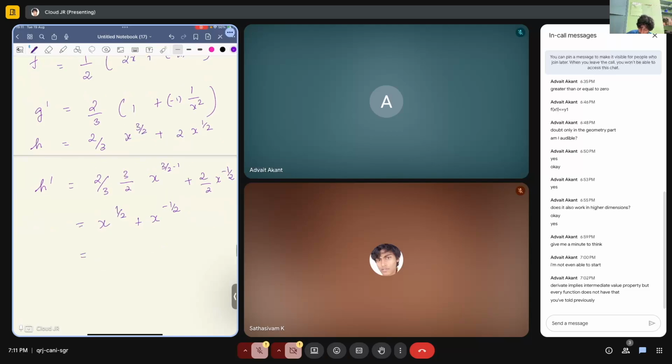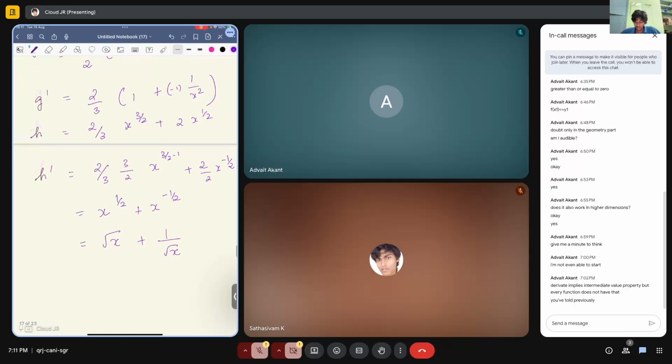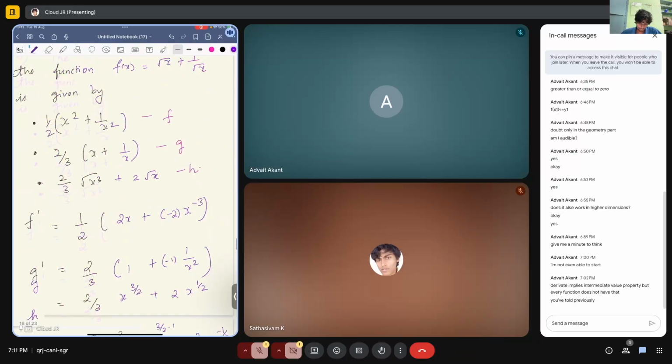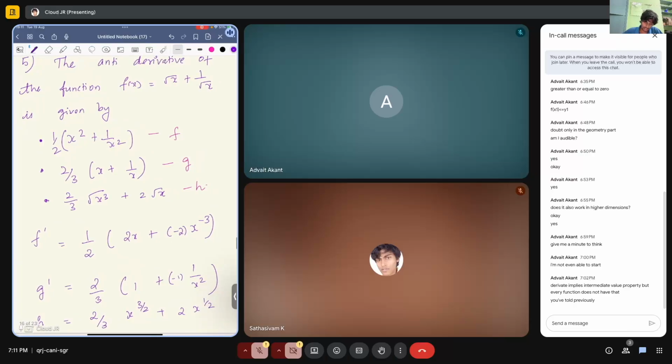So this is nothing but the square root of x plus 1 by square root of x. Okay, so the third one is the correct one, and the rest are not antiderivatives. So these are correct and these are wrong.